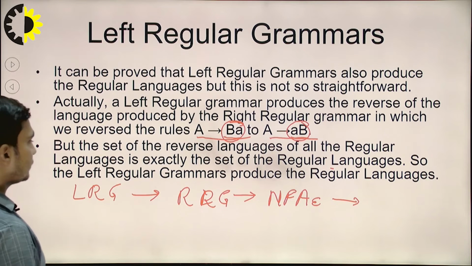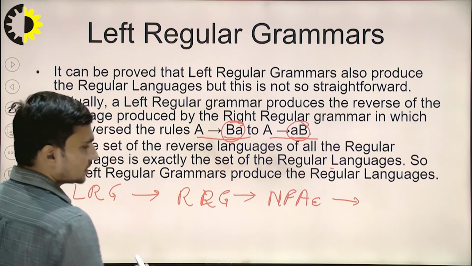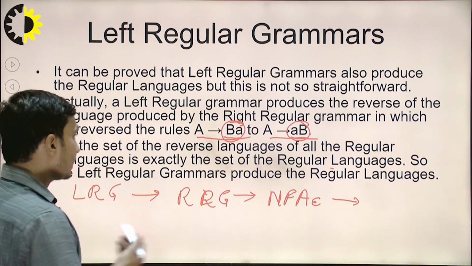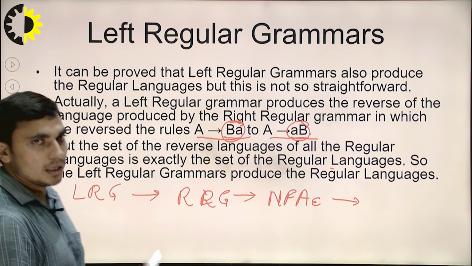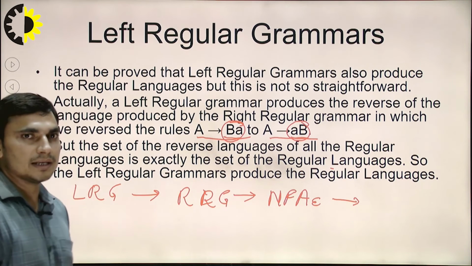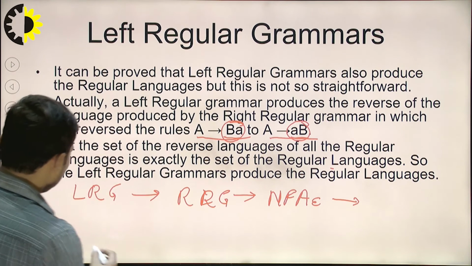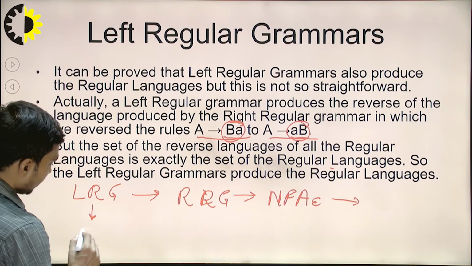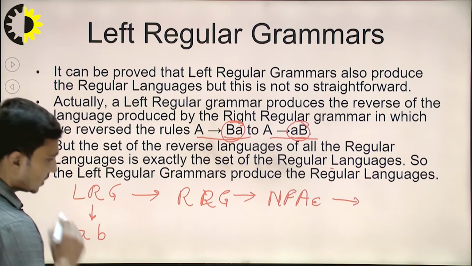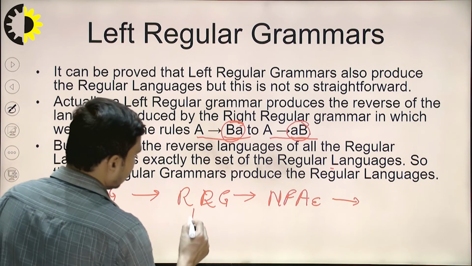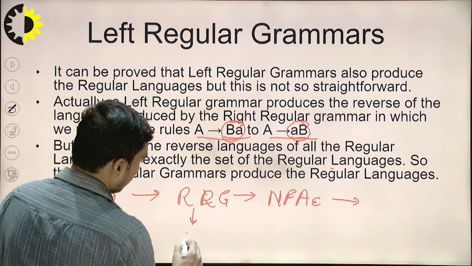Whatever language is created by this right regular grammar and whatever language is created by the left regular grammar, they have an inverse relation. Suppose the left regular grammar is generating a string AB, at the same time the right regular grammar will generate the string BA.